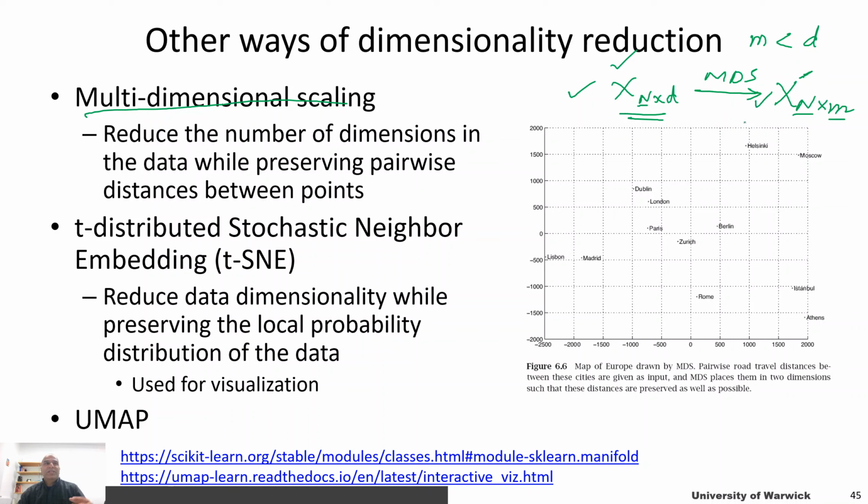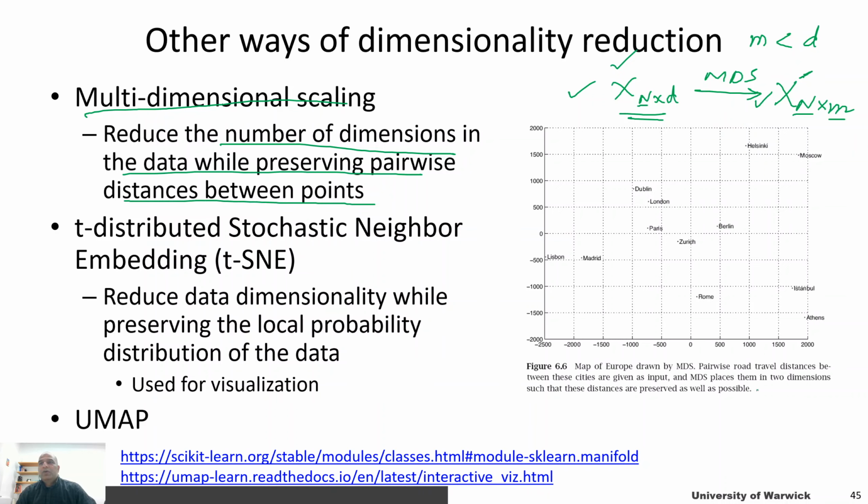So it preserves the distance between these points. If 2 points were close together before MDS, they're going to be together after dimensionality reduction. Okay, so that's the basic idea of multidimensional scaling. It reduces the number of dimensions in the data while preserving pairwise distances between points.